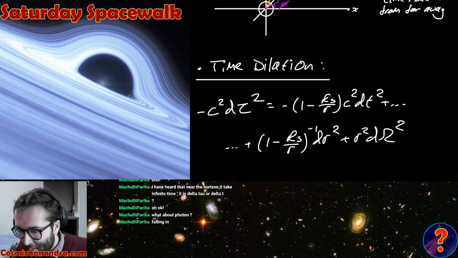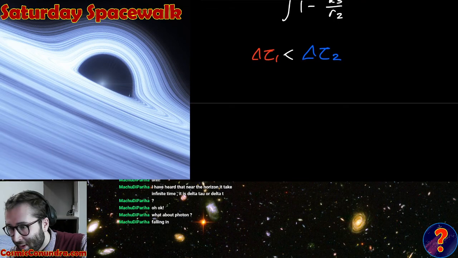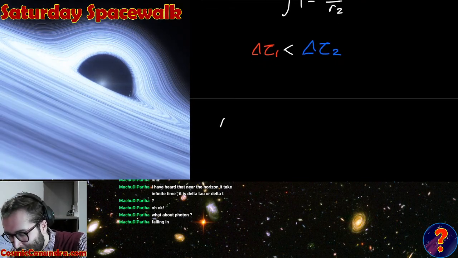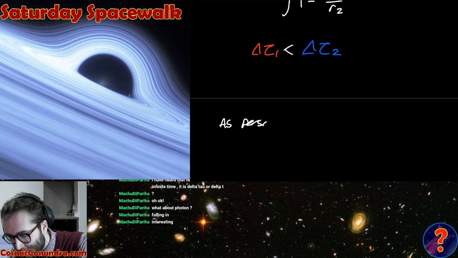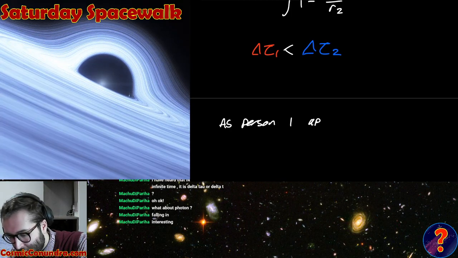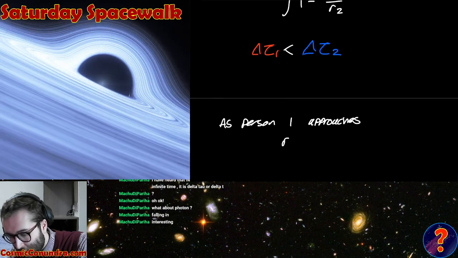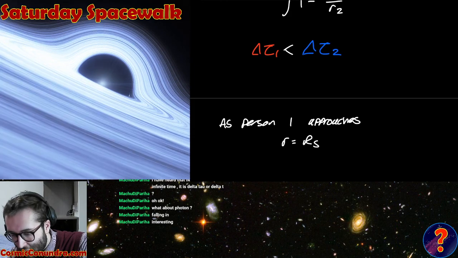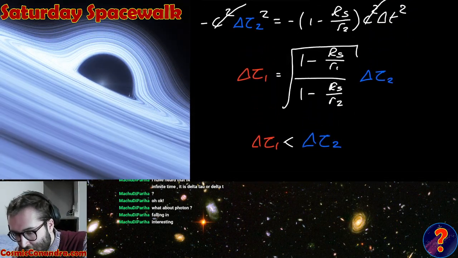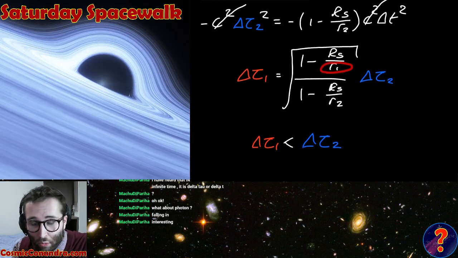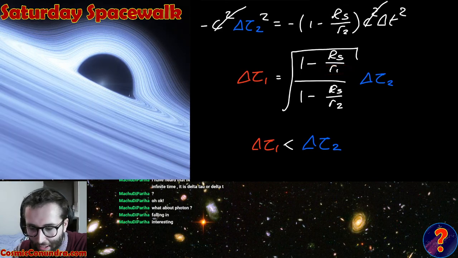But let's think about what happens in relation to that. Think about what happens as person 1 falls into the black hole. As person 1 gets closer and closer to the black hole, so as the radius approaches the radius of the black hole, we're taking the distance of person 1 from the black hole to be roughly equal to the radius of the black hole itself.